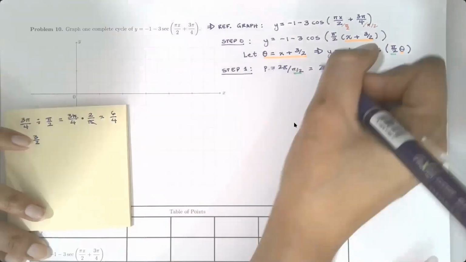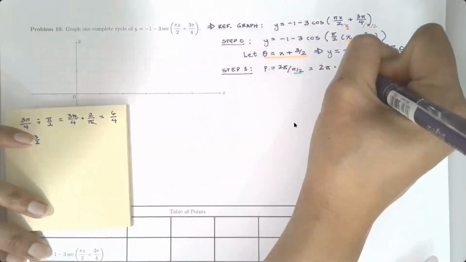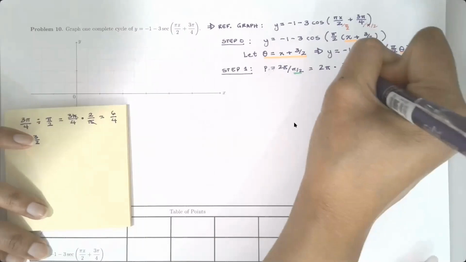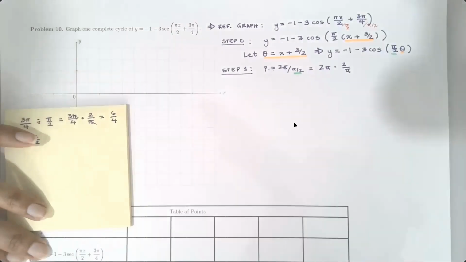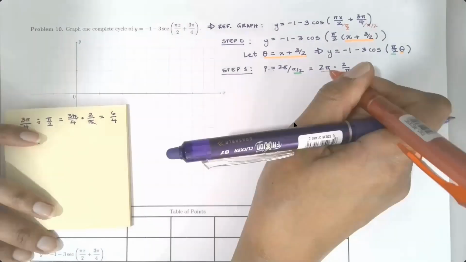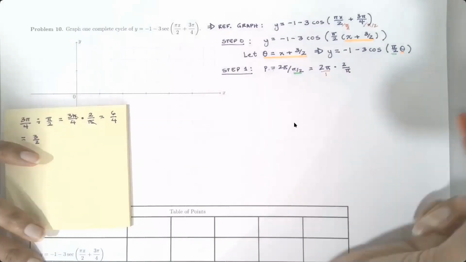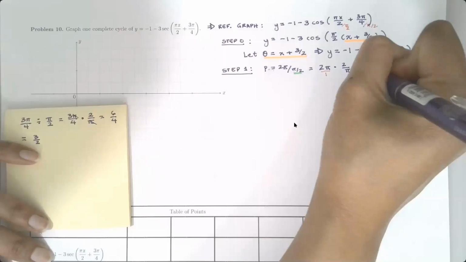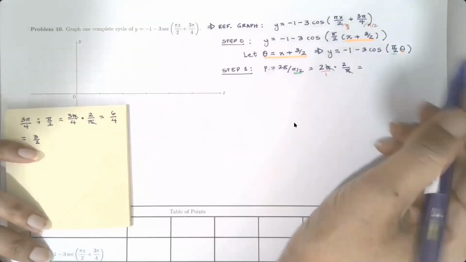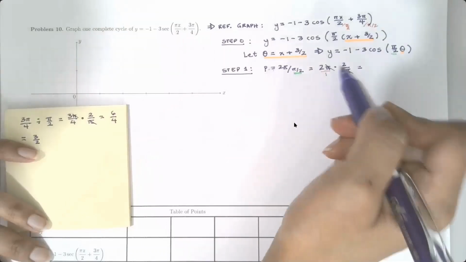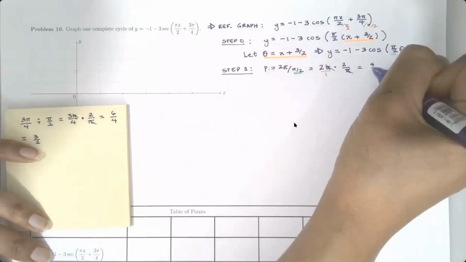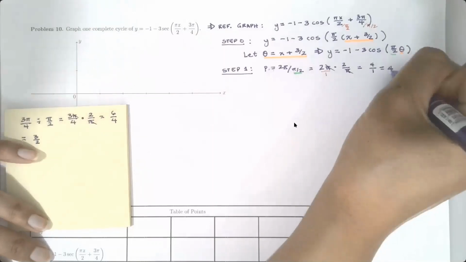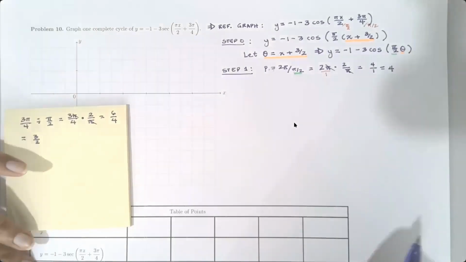So the reciprocal of pi over 2 is 2 over pi. And then in order for us to be able to multiply that, I'm going to write the 2 pi as 2 pi over 1. And that'll give us, well, the pi's are going to cancel. That's just going to give us 2 times 2 is 4 over 1, which is just 4. Okay, so the period is 4.